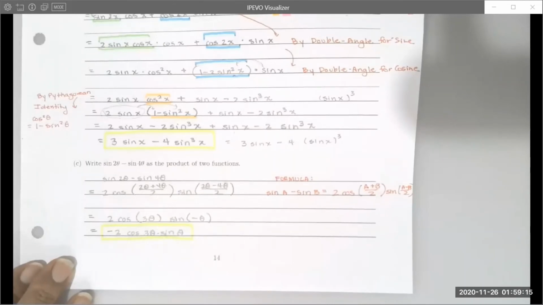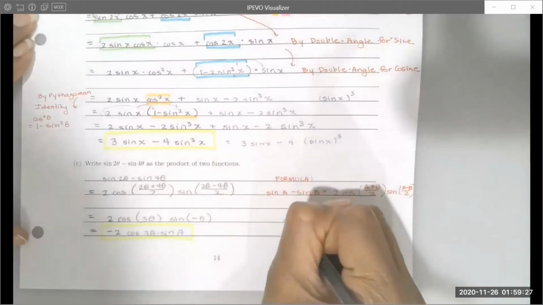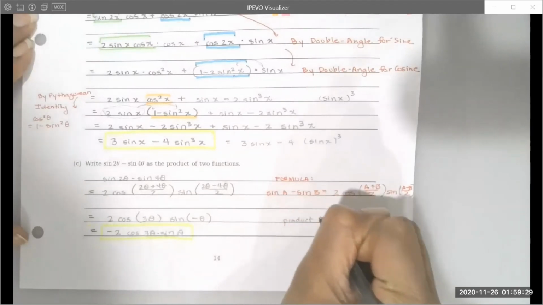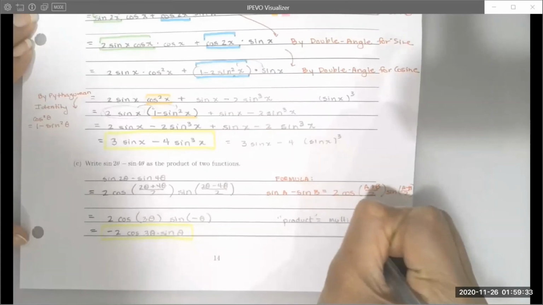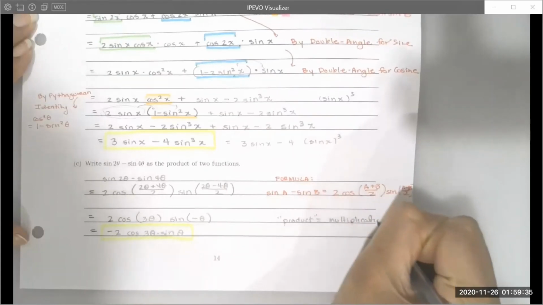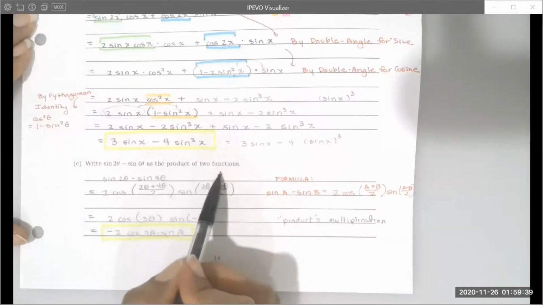Would you explain the directions again for C? Like, what is the product of two functions? Because I'm thinking I need to add something, and that would be my final answer. Yeah, so product means multiplication. So what they're saying is find an expression that is the multiplication of two functions.